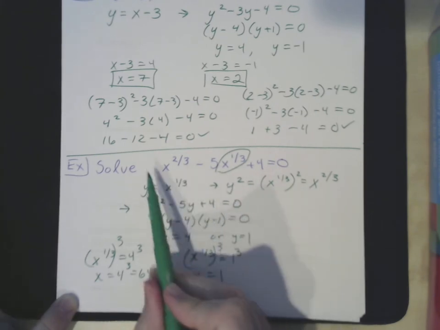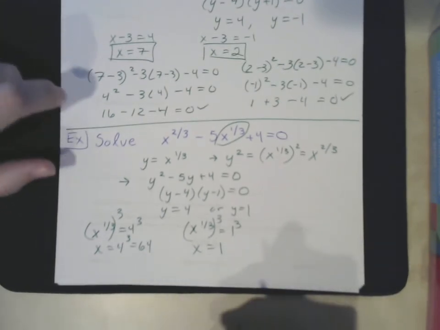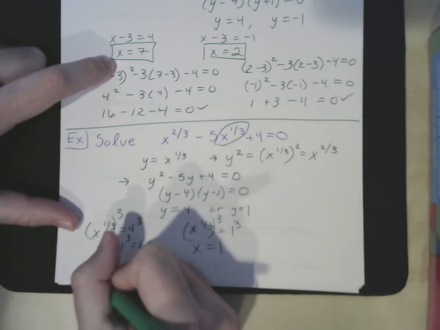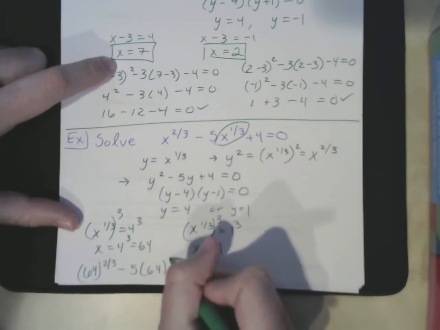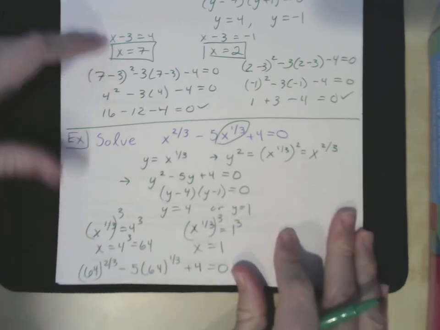Now this thing is definitely not quadratic, so we absolutely need to go back and check. So let's start with the 64. So plugging in 64, we have 64 to the 2/3 minus 5 times 64 to the 1/3 plus 4 should equal 0.